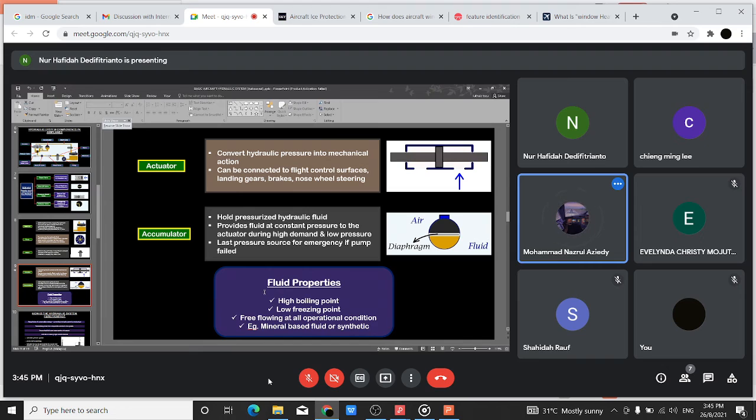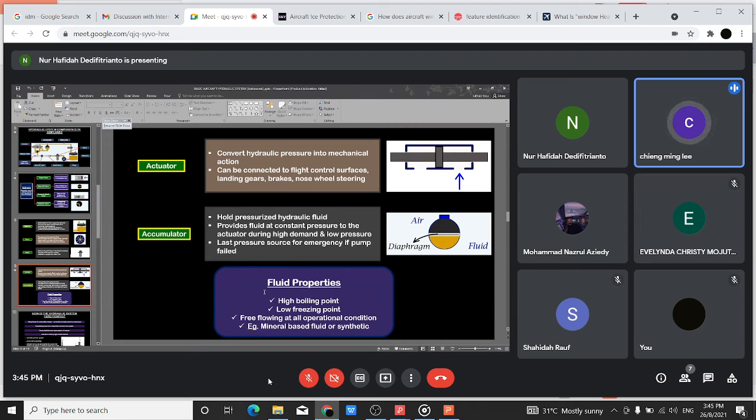Well, it holds pressurized hydraulic fluid. For what purpose? We already have hydraulic pressure. Why do you want to hold hydraulic fluid?